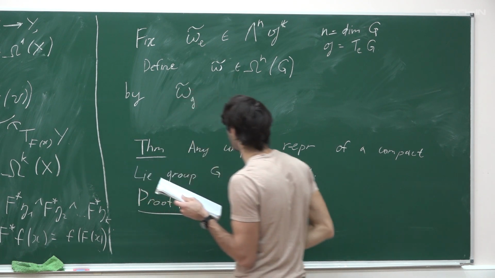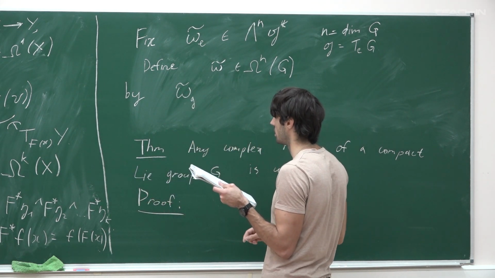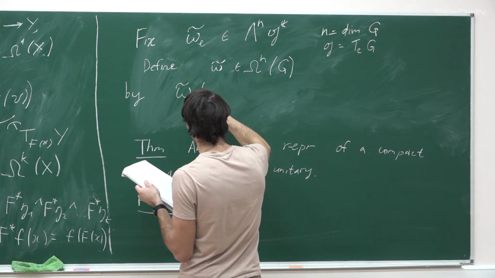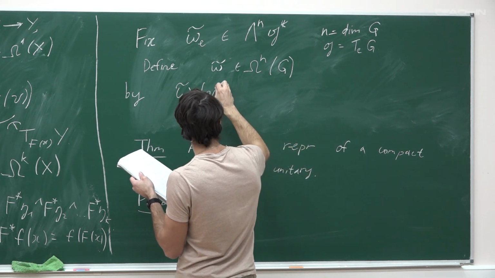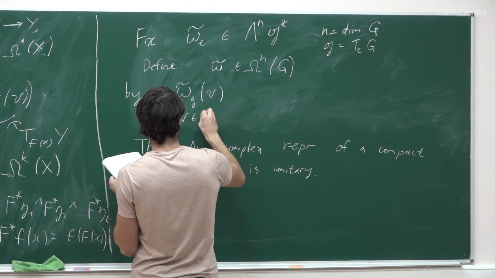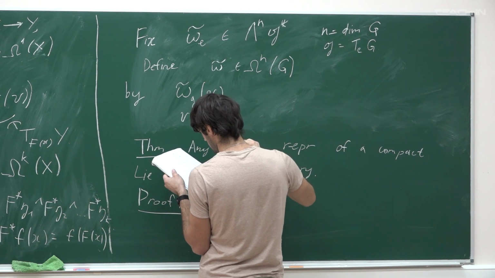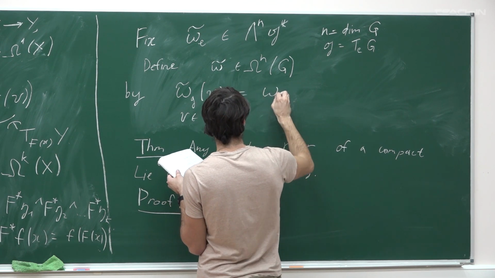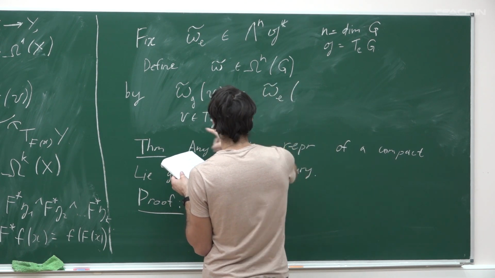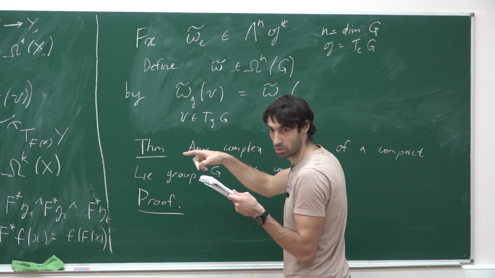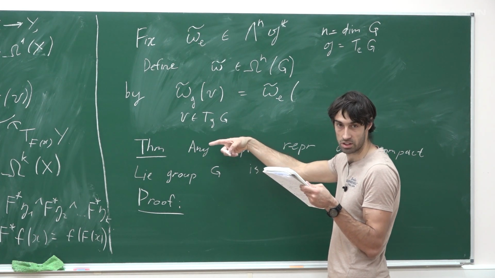This should eat some vector v from the tangent space at point g, T g G. And I just define it as omega e tilde, but then I need to move this vector back to the tangent space at identity.